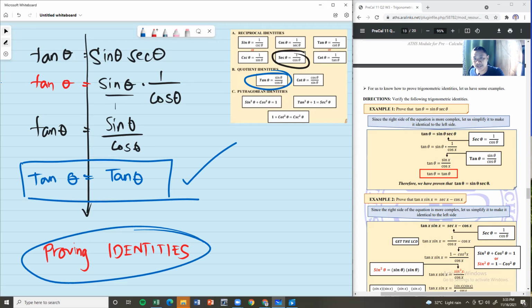See, it becomes simpler now kasi you have somehow mastered or somehow learned the process of expressing trigonometric expressions to a single function. Kasi yun talaga yung process. Kaya nga nag-spend ako ng more time with changing trigonometric expressions to single function kasi yun yung pinaka-process ng proving identities.